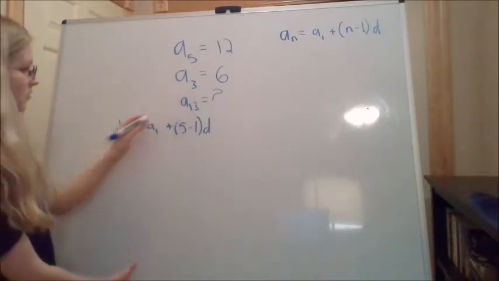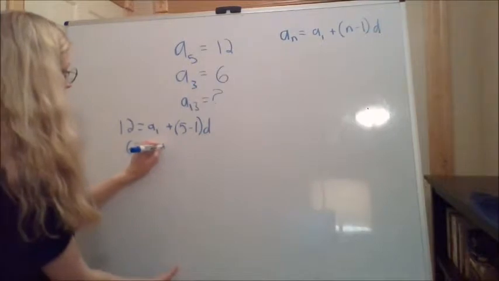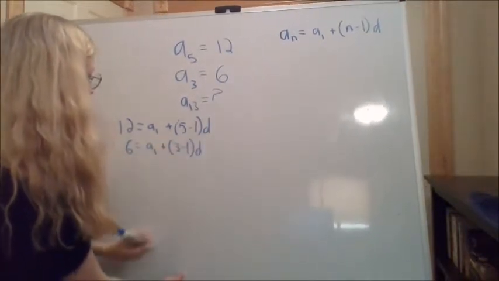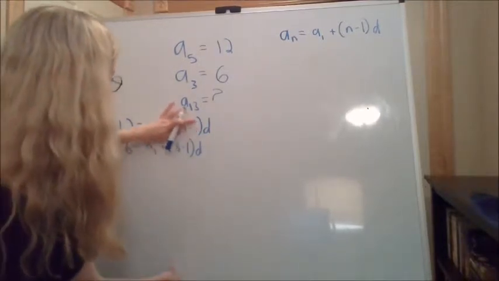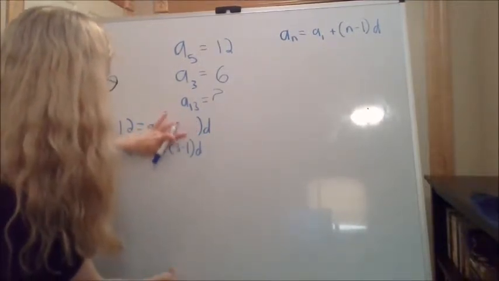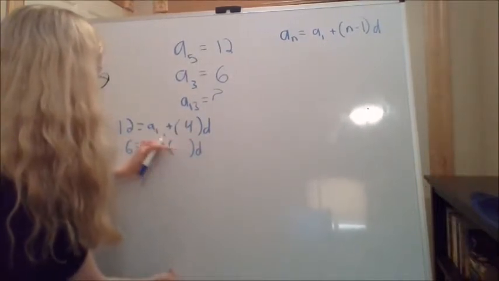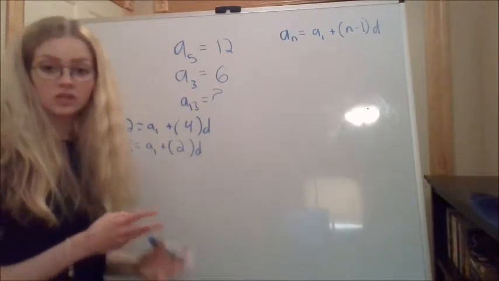And then for a sub 3, we can write 6 equals a sub 1 plus 3 minus 1 times d. And so if we simplify this a little bit, we get 4 within this parentheses. So there's a 4, and then we get a 2 in here. So there's a 2. And so now what we have ourselves is a system of equations.